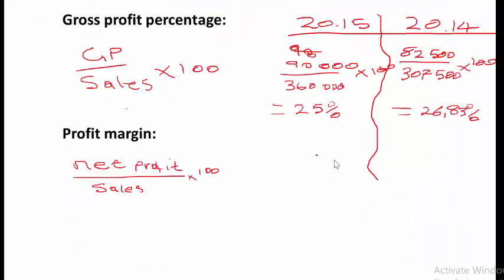For this, you will then have to insert those amounts which we just saw. The profit before tax was 7,000 for 2015 and 12,500 for 2014.